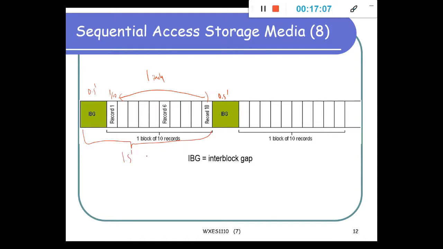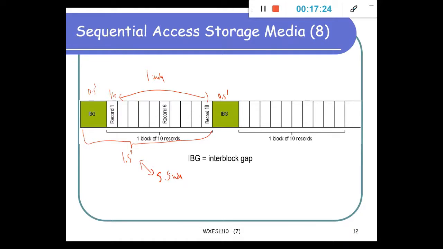If you have 10 records but you store them in a block, you have 1.5 inches. Previously, individually, we had 5.5 inches. So you see a huge difference, 1.5 and 5.5.